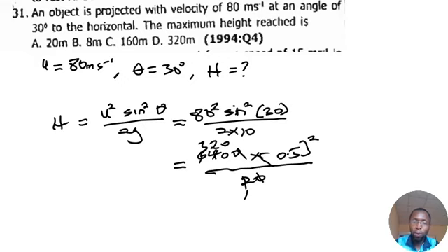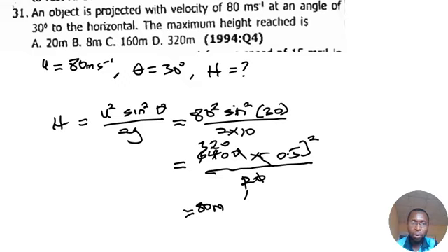So 320 multiplied by 0.5 squared. Let's quickly do that. So 0.5 multiplied by 0.5, then multiplied by 320. So our result there is giving us 80. So obviously our answer is 80 meters, right?